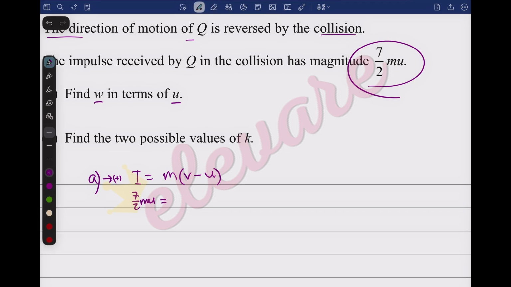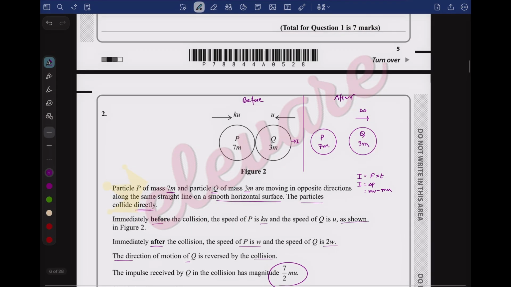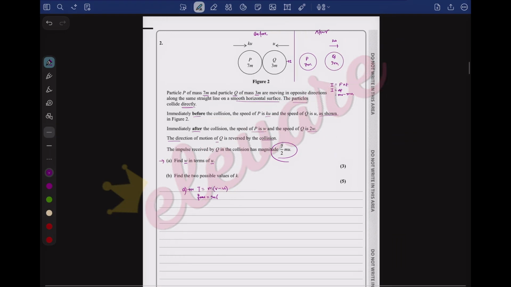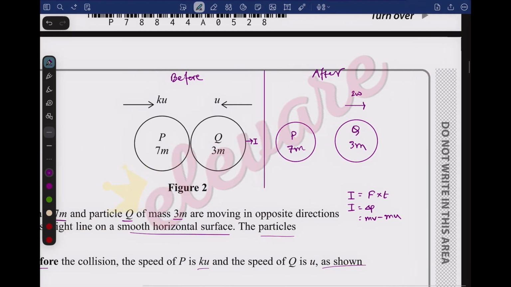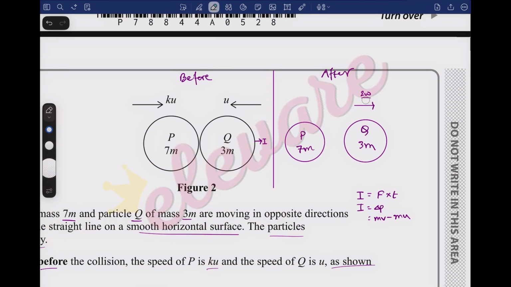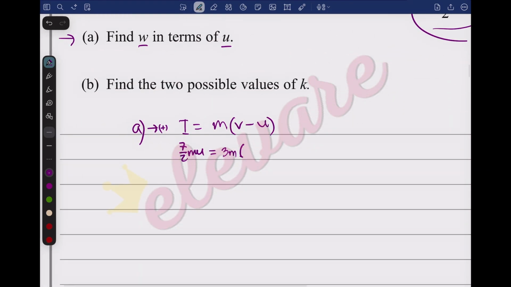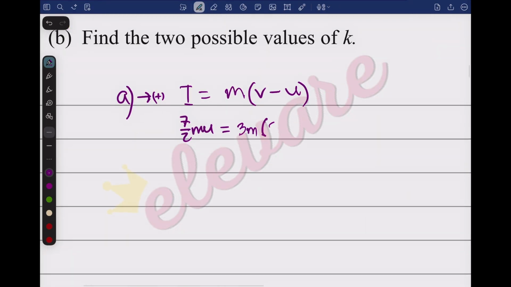This is equal to the mass. What is the mass? The mass of Q is 3m. So 3 times m, and then what is the final velocity? The final velocity of Q is 2w, and it's pointed to the right in the same direction which we considered positive. So we're just going to write down 2w. There's no need to place a negative sign in front of 2w, okay?